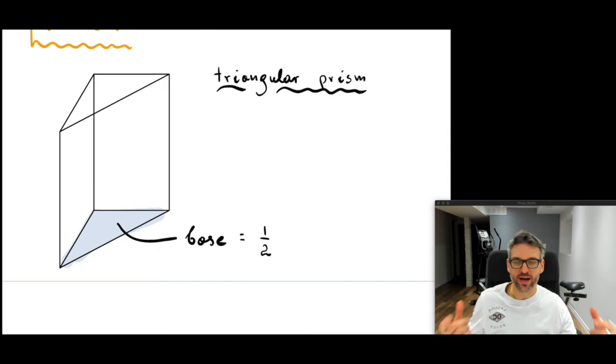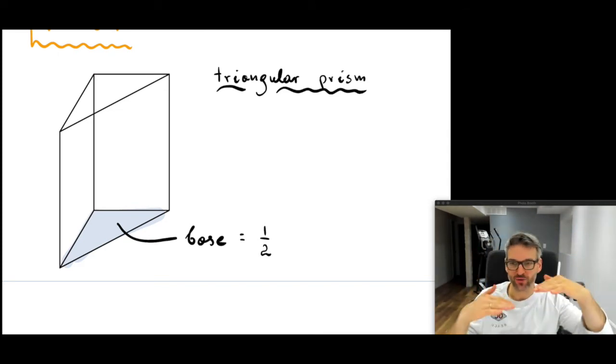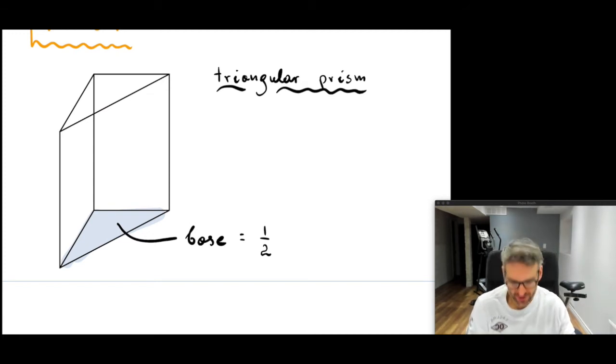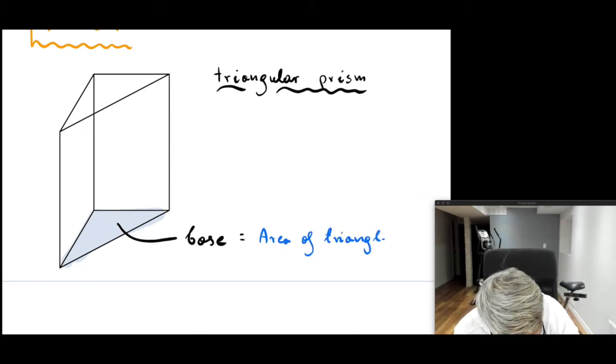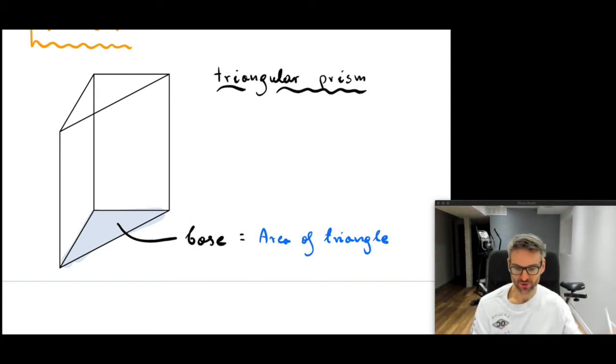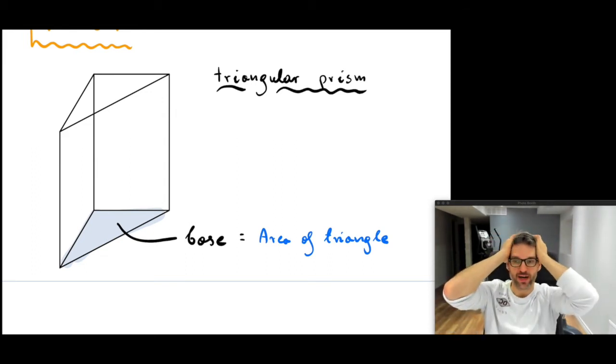For triangles, we also say base times height, but of course we can't utilize base here. I mean the base, which is the flat surface. So what I'm going to do instead is, our base is just the area of the triangle. And you have 2 of them. You have the bottom one, and then you have the top one. Okay, so that's what you have there.